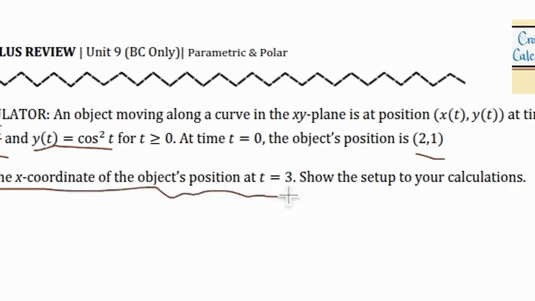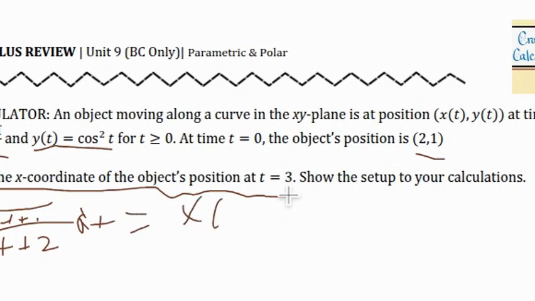So what we want to do here is use the FTC. We set up an integral from 0 to 3 of dx over dt, which is the square root of t plus 1 over t plus 2 dt, equals x of 3 minus x of 0, because this is the derivative for x, not both x and y.